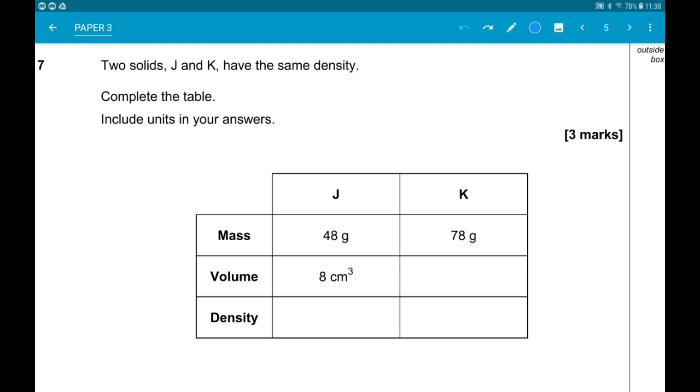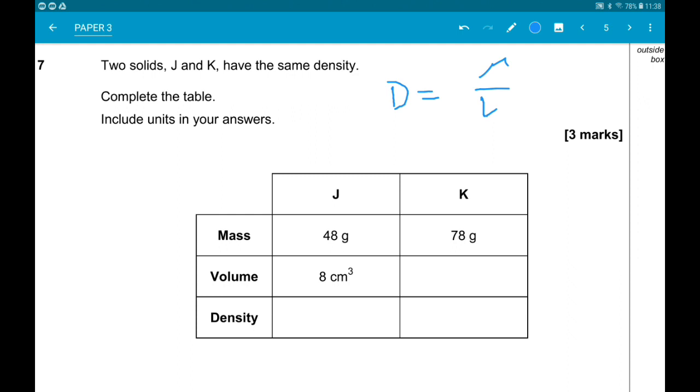Number 7, two solids J and K have the same density. Complete the table, give the units of your answer. So, density is how heavy something is per a certain amount. So mass divided by volume.